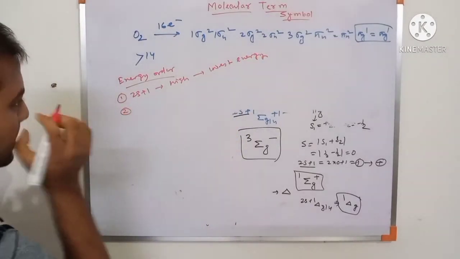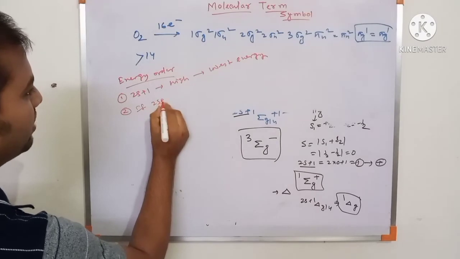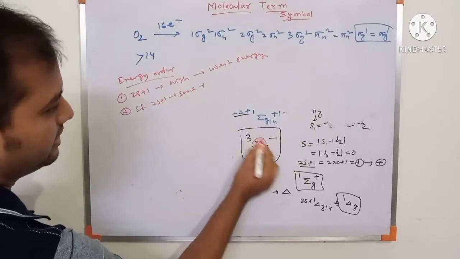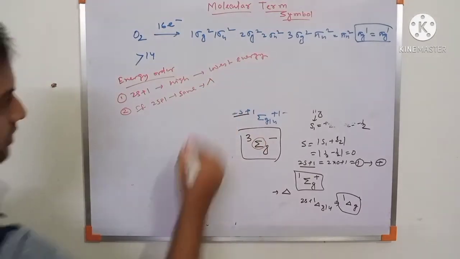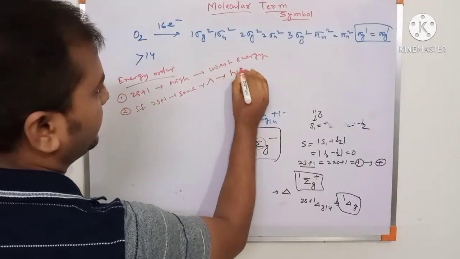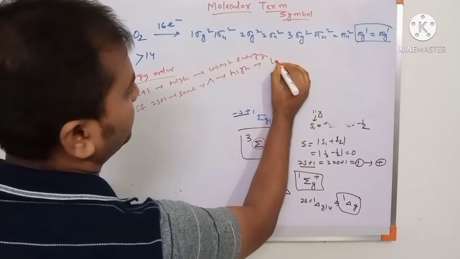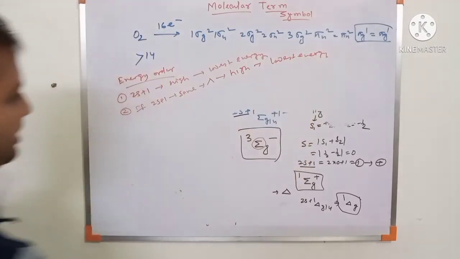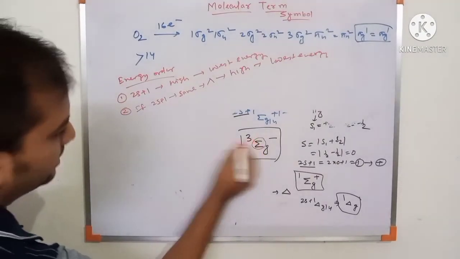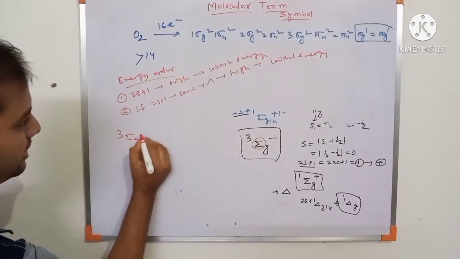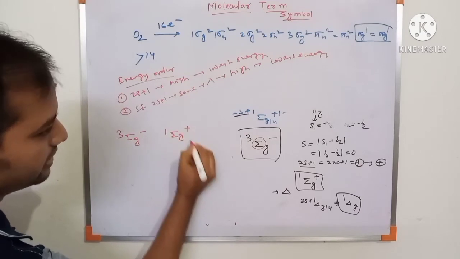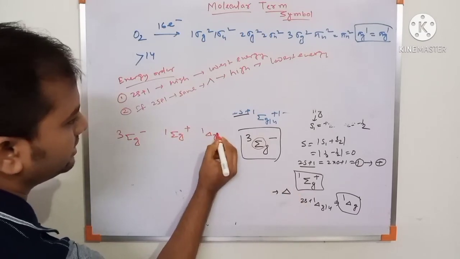Second, if 2S plus 1 value is the same, then check the lambda value. If lambda value is high, this is lowest energy, then second lowest energy. So first check 3 sigma g minus, 1 sigma g plus and 1 delta g.